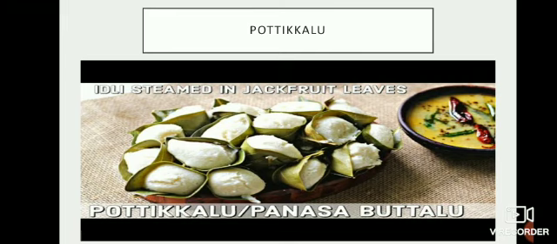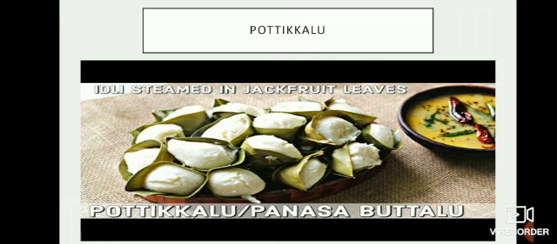These pottikalu are also known as panasabuttalu. It is a famous traditional food of Konaseema of Godavari districts. Leaves of jackfruit tree are used in its preparation. They make cups with these leaves and fill them with batter made of black gram and rice rava or idli rava.